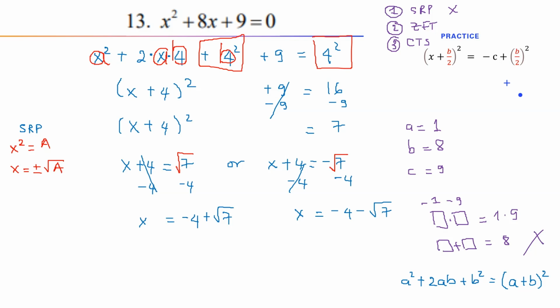So what about this formula, right? Because a equals 1 and b is an even number, that's why we use completing the square.